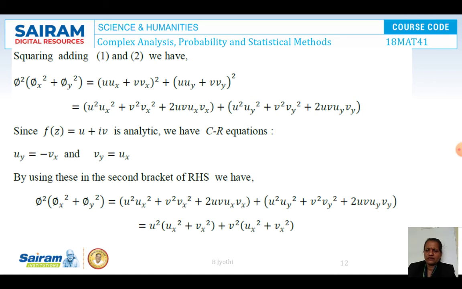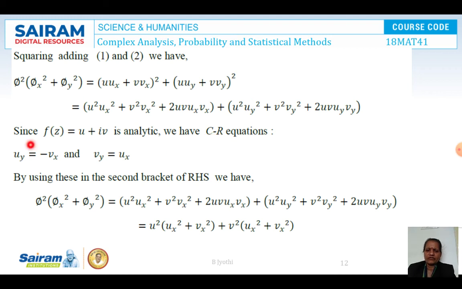Then when we square it, it is phi square times phi x square plus phi y square is equal to u ux plus v vx the whole square plus u uy plus v vy the whole square. By using the a plus b whole square formula, a square plus b square plus 2ab, here also we have the same thing. And we have f of z is analytic, so the CR equations must be satisfied.